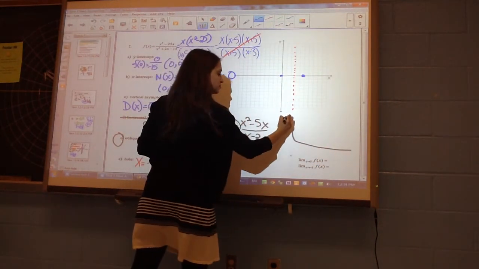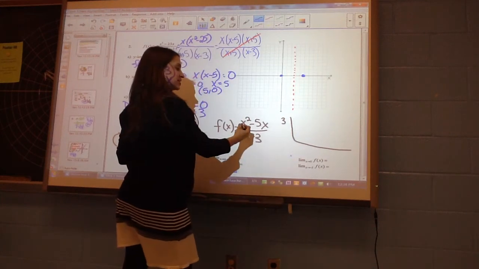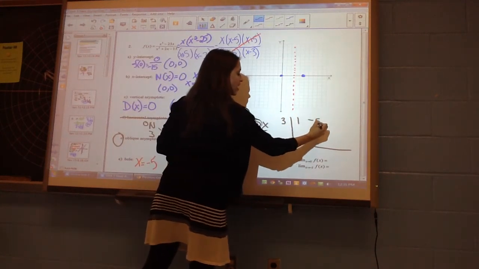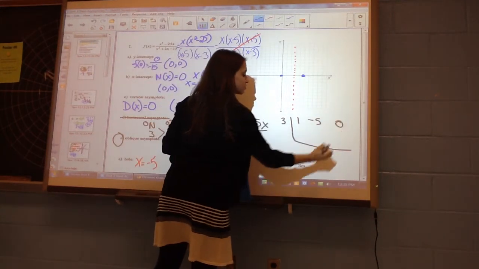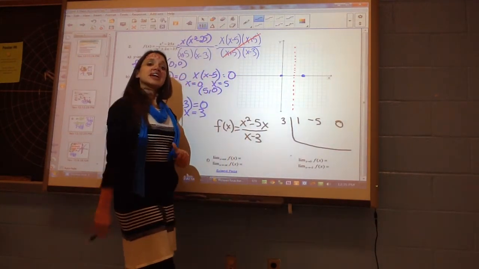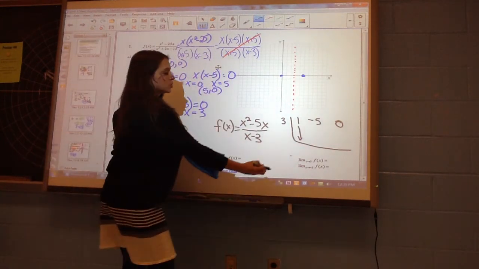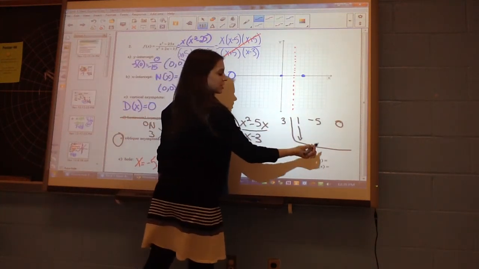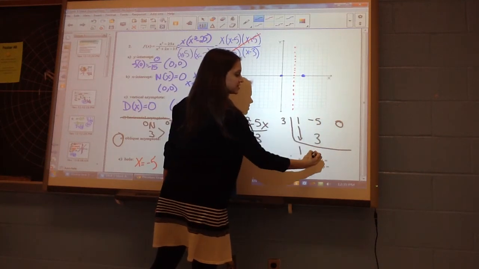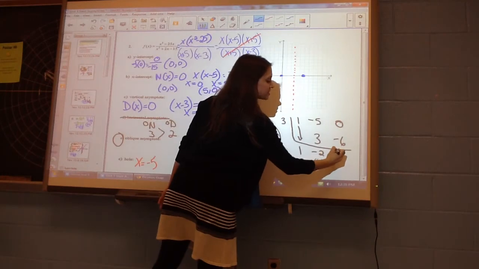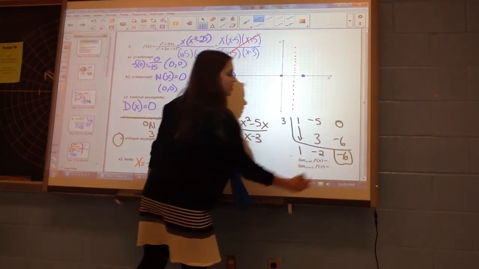I have a 3 outside, and then I list my coefficients: 1 for x squared, negative 5 for x, a 0 for my constant. In synthetic division, you bring down your leading coefficient. You multiply and add: 1 times 3. Add these up, negative 2. Negative 2 times 3, add these up, my remainder is negative 6.